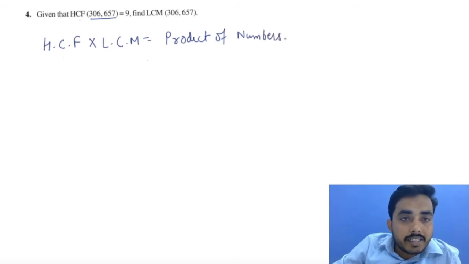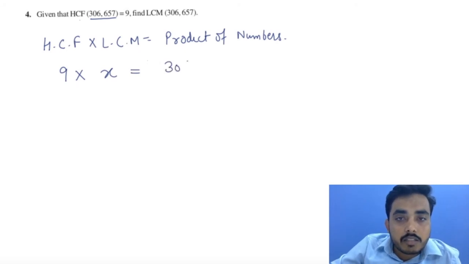So this is HCF, we are given 9. Let's assume for now the LCM is X, and the product of number is 306 into 657. And from here we need to find out the value of X.